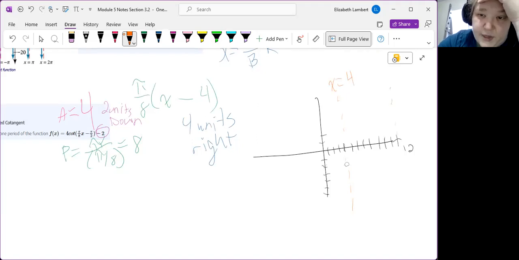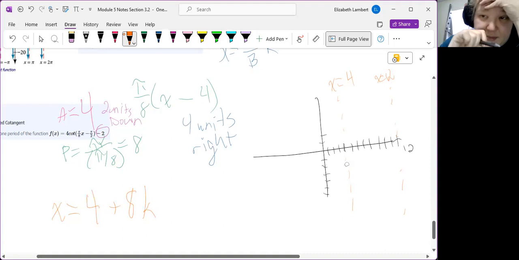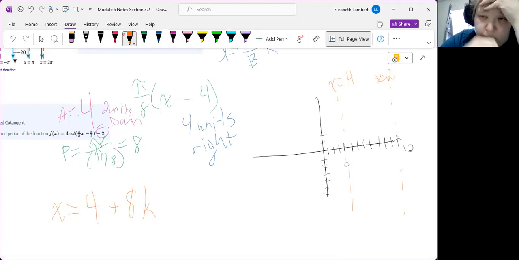And that means over here then, 1 period width away will be the next asymptote. All right, so asymptotes occur at 4 plus 8k. So 8 for the width, 4 for our starting value, where k is any integer.